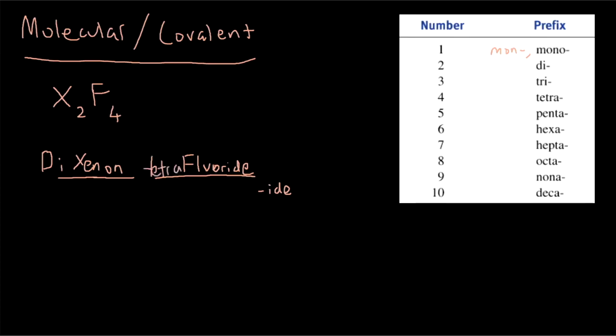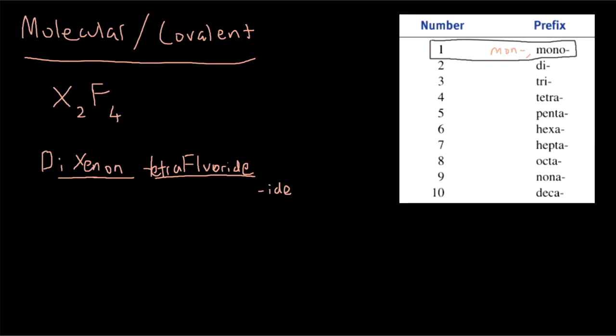And our final name would be dixenon tetrafluoride for this formula. So as you can see, this is much easier than before. But one rule to keep in mind is this is all about this first prefix over here. This prefix can only be used for the second one. That's all that you need to know.